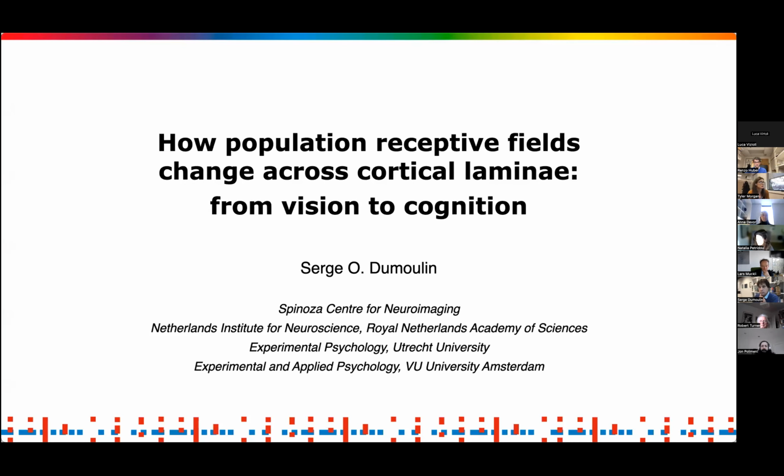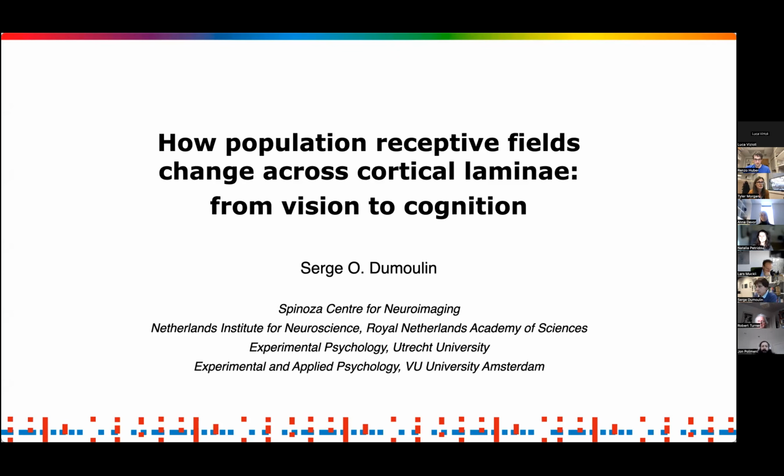So Serge Dumoulin is a professor of perception, cognition, and neuroscience in the Department of Experimental Psychology at Utrecht, as well as experimental and applied psychology at the University of Amsterdam. He's the group leader of the Computational Cognitive Neuroscience and Neuroimaging section at the NIN, the Netherlands Institute for Neuroscience, as well as being the director of the Spinoza Center for Neuroimaging.